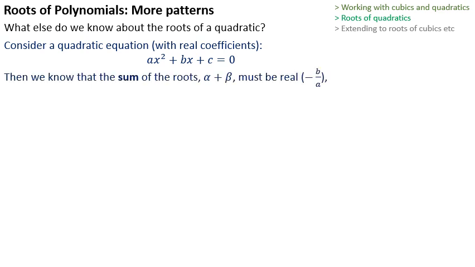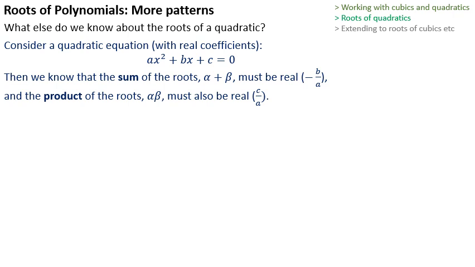And we know, therefore, that the sum of the roots has to be real, because we already know that it's minus B over A, and B and A are both real numbers. If you divide a real number by a real number, you get a real number. The only exception would be if you're dividing by 0, but A in this context is not 0 because we're dealing with a quadratic. If A was 0, it wouldn't be a quadratic.